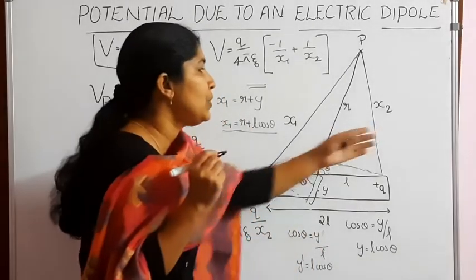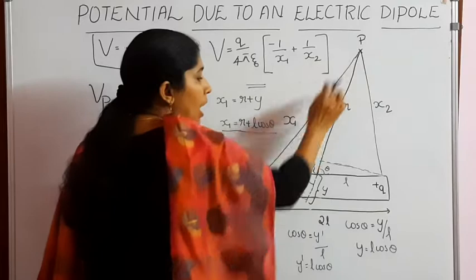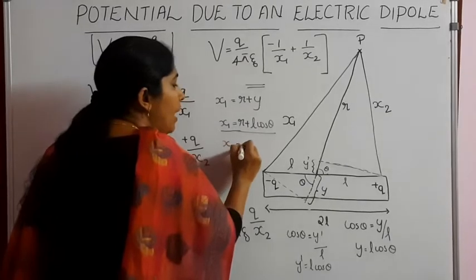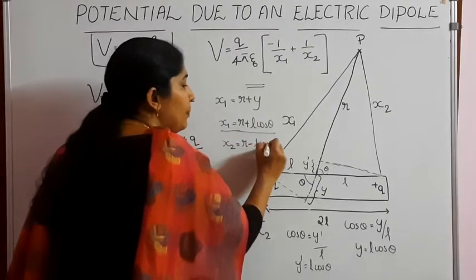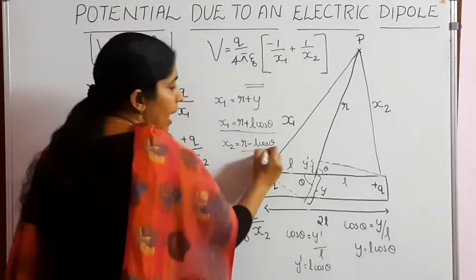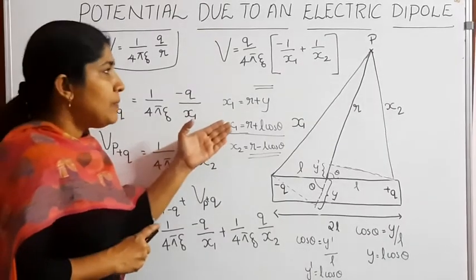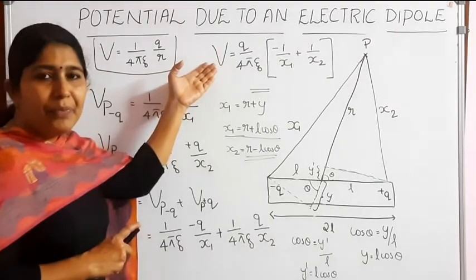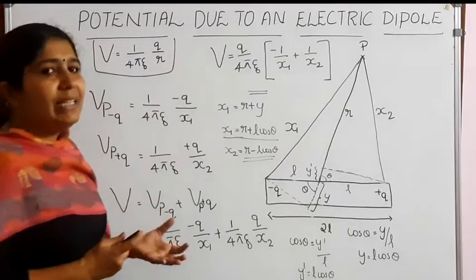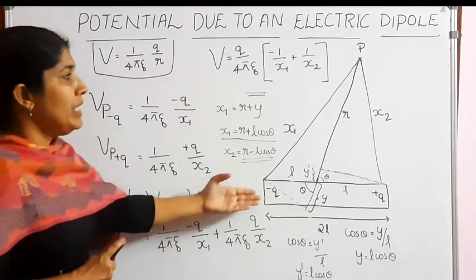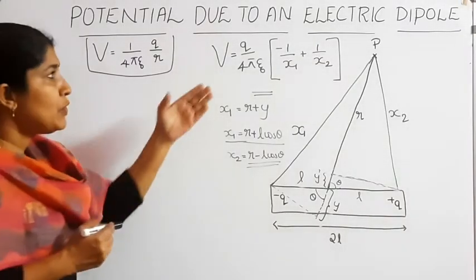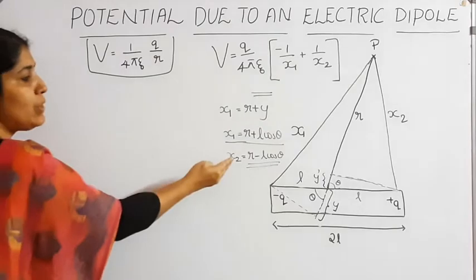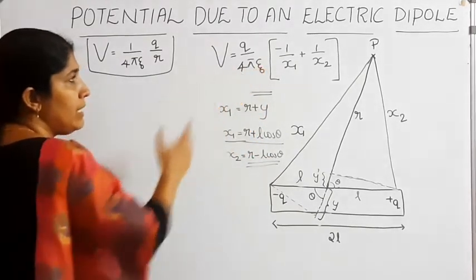Therefore, what about x2? x2 is equal to r minus this term, that is x2 is equal to r minus L cos theta. Now we can substitute the values of x1 and x2 in the equation for the potential, and on solving this equation, we get the net potential at the point P due to this dipole. x1 is equal to r plus L cos theta and x2 is equal to r minus L cos theta in this equation.